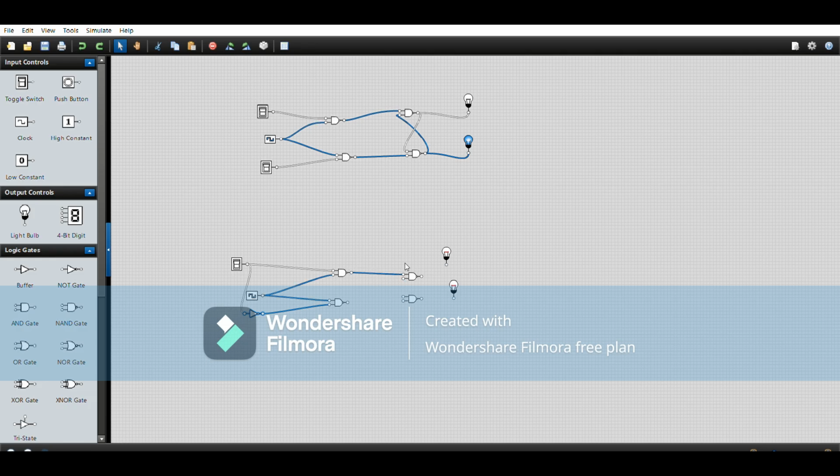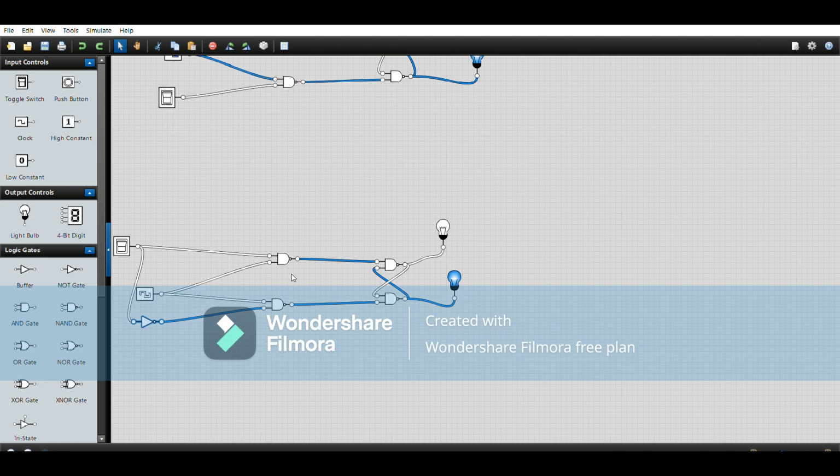Let's see the implementation of D flip-flop. Yes, we have successfully completed the implementation of D flip-flop. Let us see its example inputs and outputs.